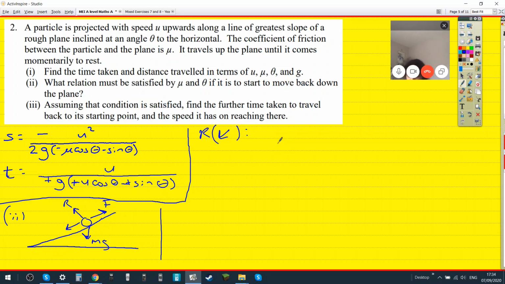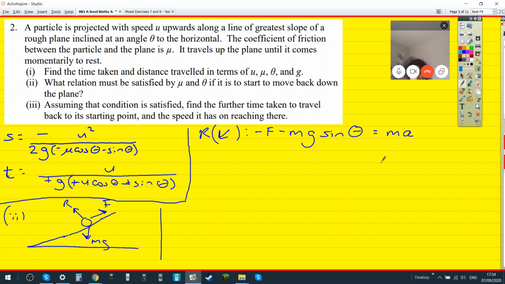What do you get there? What's the force called that's going down? Maybe there's no force, because it's rolling by itself. So it's just minus F minus mg sine theta is equal to MA.